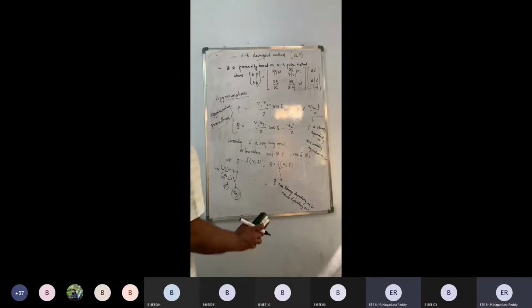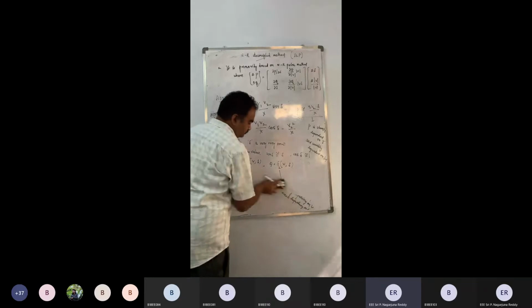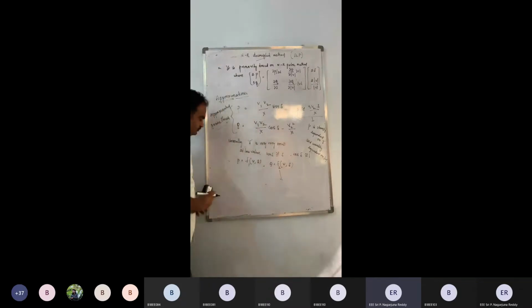Now, keeping these things in a table, both P and Q are dependent on delta and mod V, isn't it? P with delta is strong, whereas with respect to the voltage, it is weak.